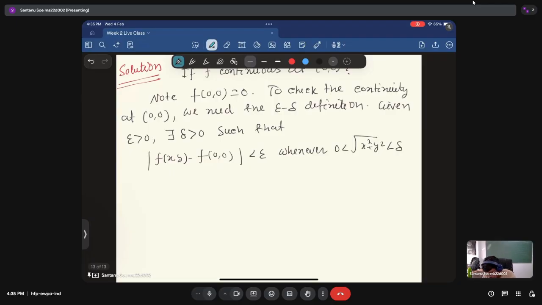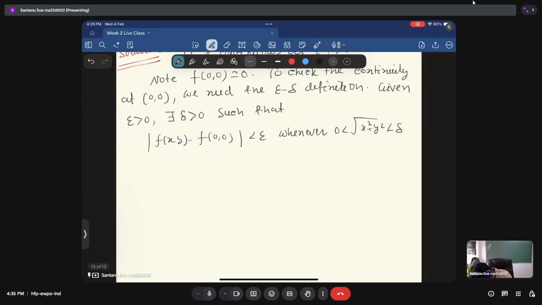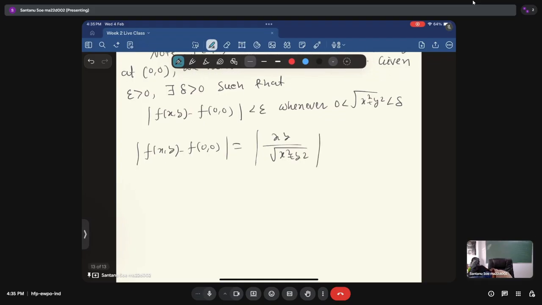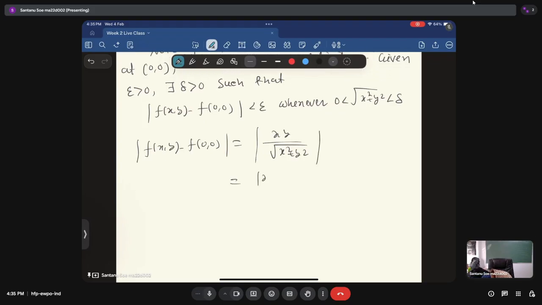Okay. So now since f of 0, 0 is 0, f of x y minus f of 0, 0 is nothing but modulus of xy divided by square root of x square plus y square, and this is same as mod x mod y divided by square root of x square plus y square.